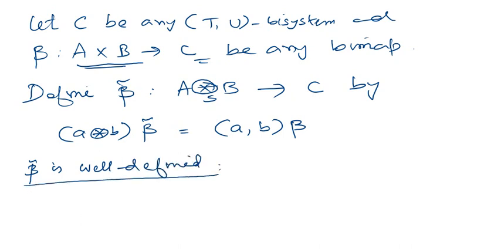For this we take two elements of A tensor B and take them equal, and we need to show that their images are also equal.